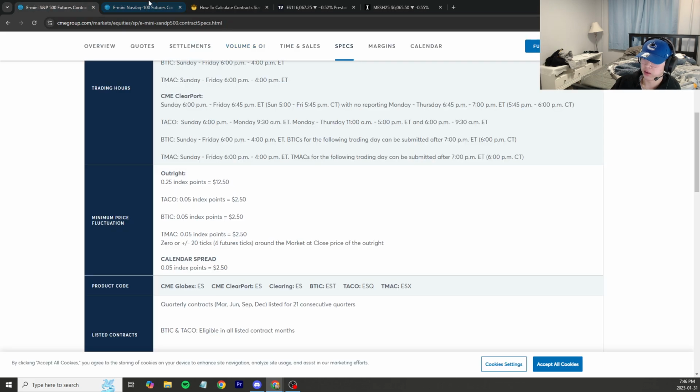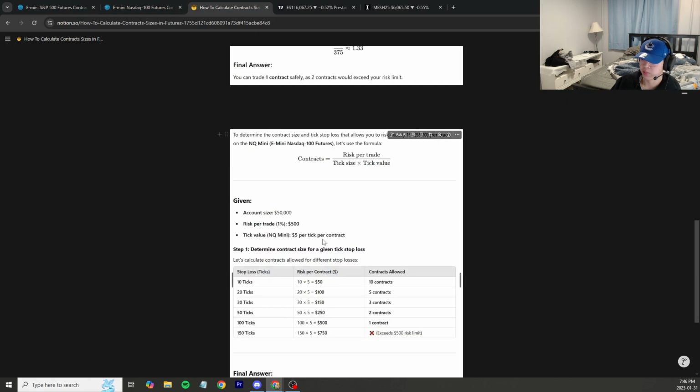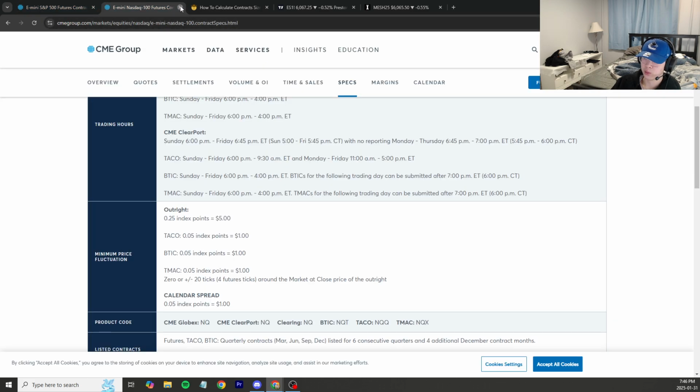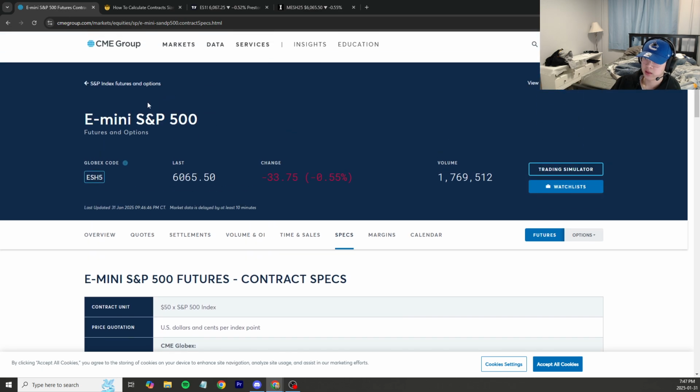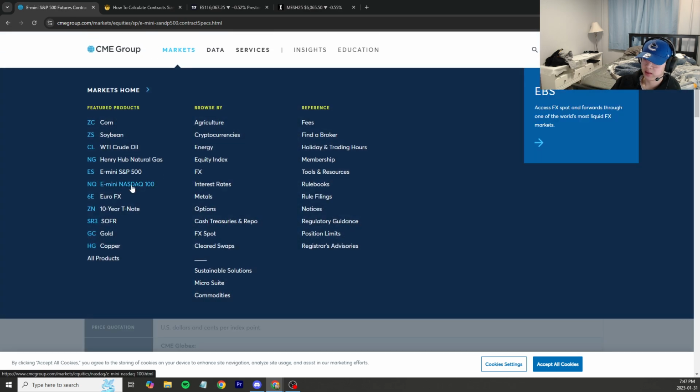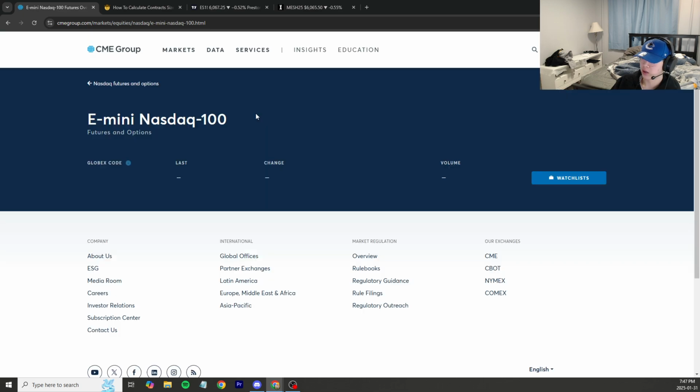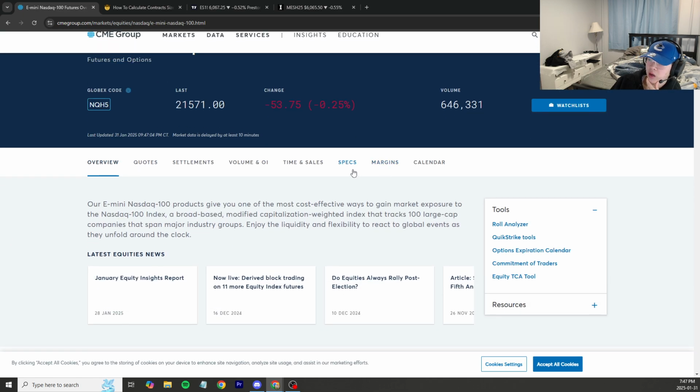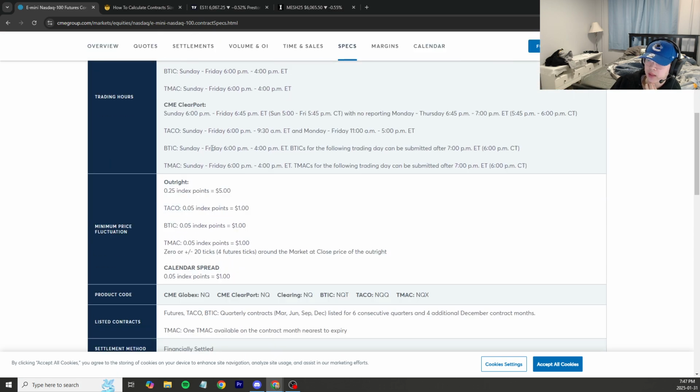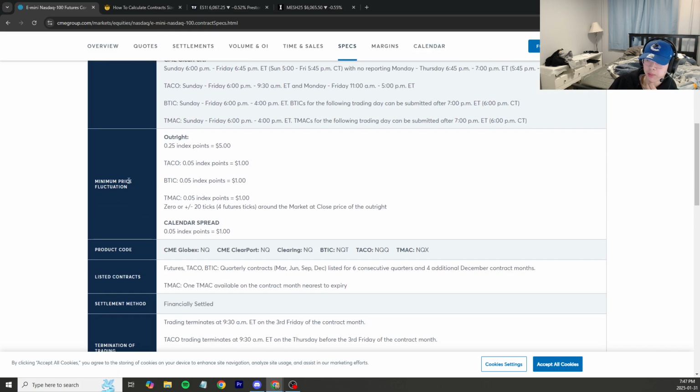It already displays on the screen, which is $5 per tick per contract. But if you don't know how to find it, go back to this website, go to markets, and then E-mini NASDAQ 100, go back to specs, and scroll all the way down to minimum price fluctuation.